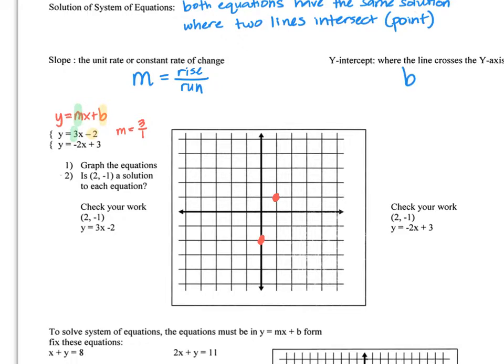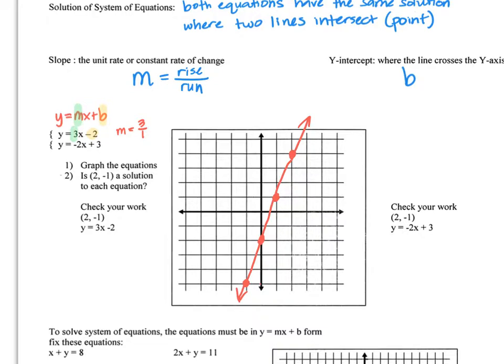It's going to make it easier for us to see the solution. So I'm going to go up 3 and right 1 again. I could also go down 3 and left 1 from my first point because that gives us the same line. And there you have it. There's 4 points that make my line, and I can make it pretty accurate now.